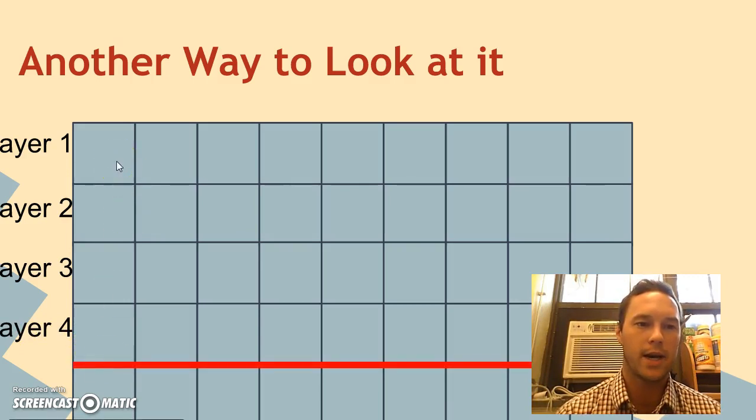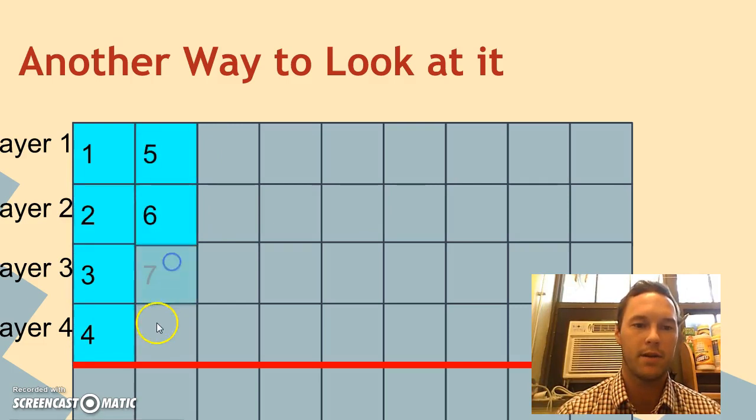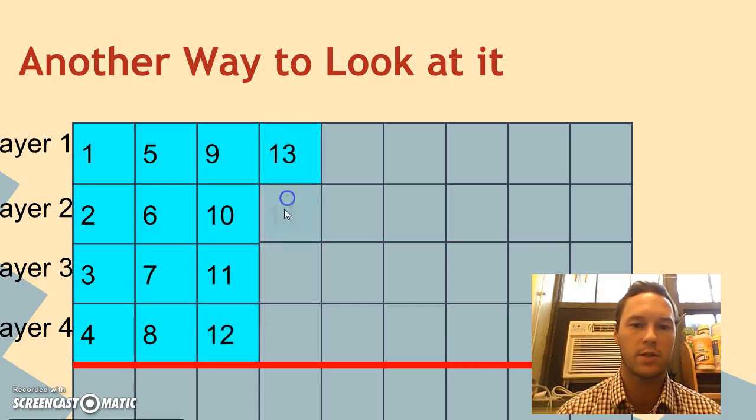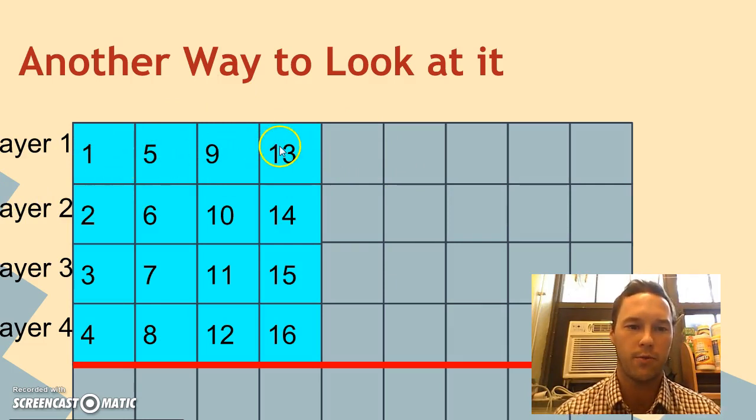Then we're going to count up to 16. 1, 2, 3, 4, 5, 6, 7, 8, 9, 10, 11, 12, 13, 14, 15, 16. So now we count across one of the rows to find out how many cards each player gets. 1, 2, 3, 4. Each player will get 4 cards.